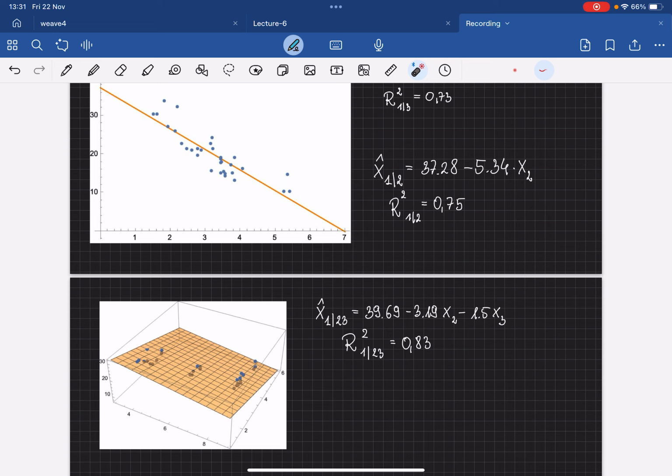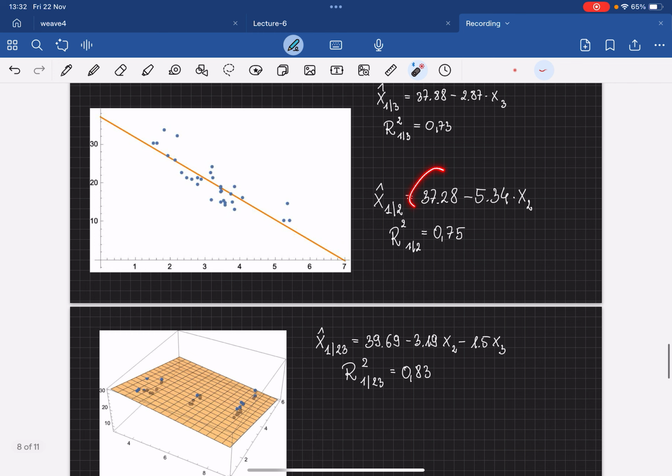Which means that there is probably some dependence between variables x2 and x3. So adding a new variable, for example, starting from this regression and adding a new variable, say x3, does not add completely new information, because some of this information could be already contained in x2.